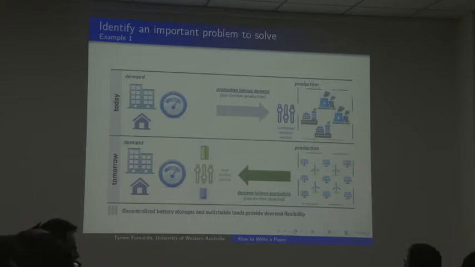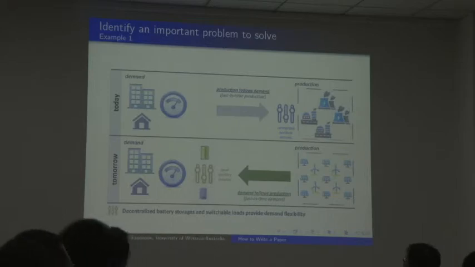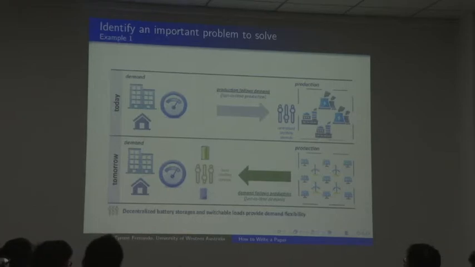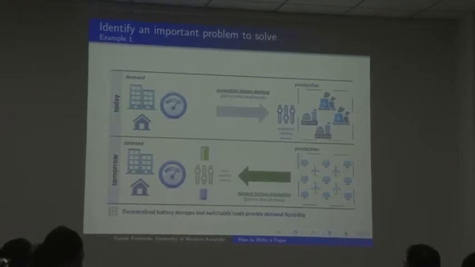In the top row, on the top left, you can see the demand, because we have customers who have a need to consume electricity. So there will be a demand from customers for electricity, and this demand will be met by some production on the top right.